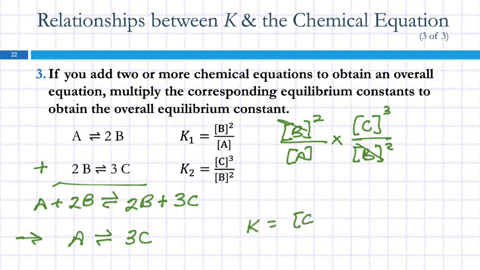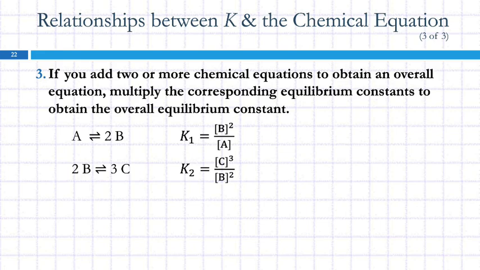So K equals C cubed over A, which is exactly what you get if you write it out from the equation. It's really some kind of cool math, but if you're not into that, it's just like this magic spell thing, right? Say the magic word and it works out.